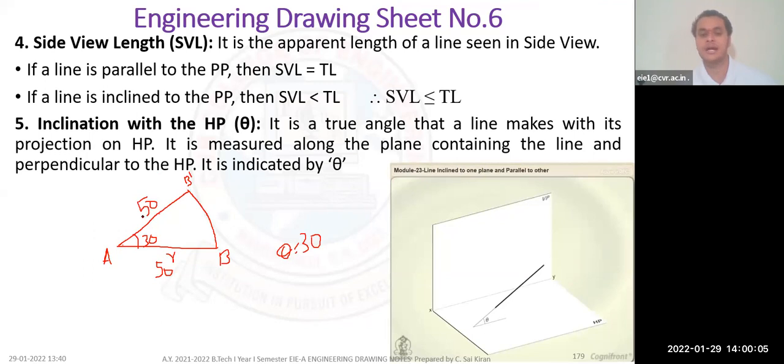I'll take a protractor and mark a 30 degrees line from this horizontal line. I don't measure with the scale. This is my letter A. I draw the arc, and wherever it touches, the same 50 mm is transferred this side, because this is a radius. For a radius, the distance is the same.